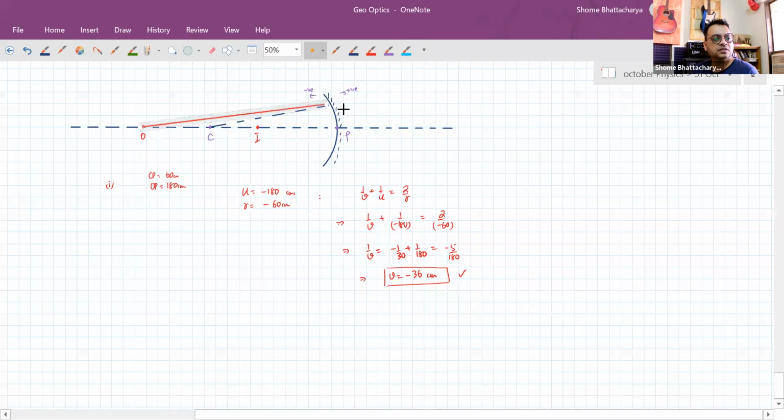They don't look paraxial in my diagram here for obvious reasons, but something like this is happening. So you can see that it is a real image that is in front of the mirror, at a distance of 36 centimeters from the pole.